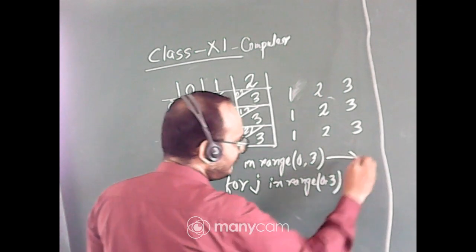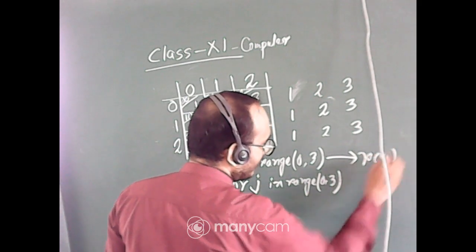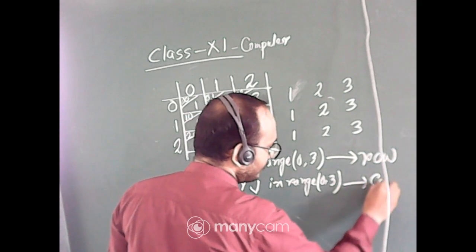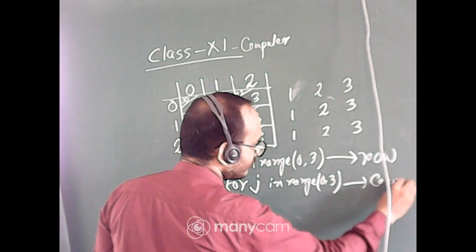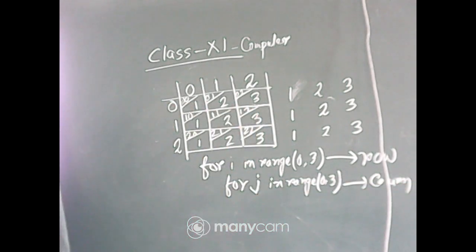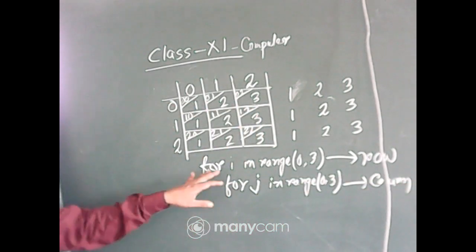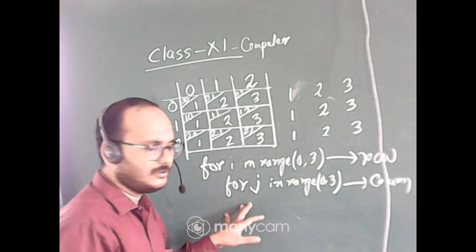This represents the row and this represents the column.